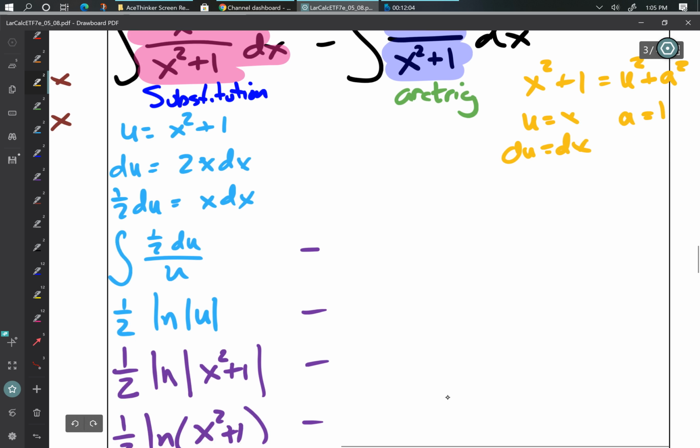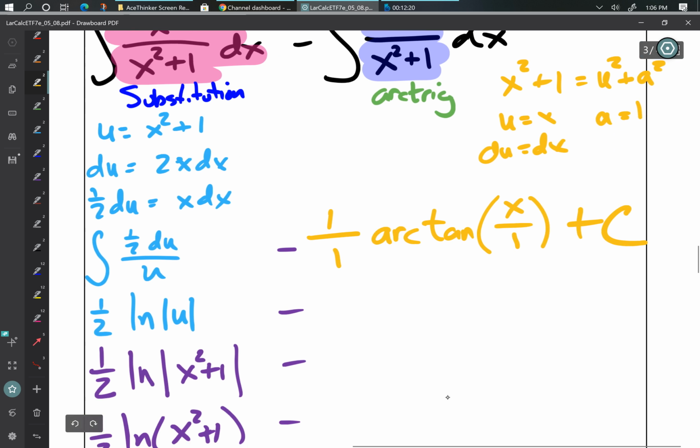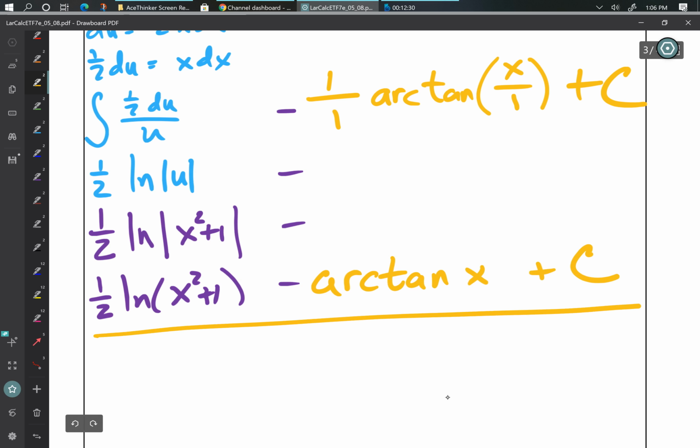And so then this piece over here becomes 1 over a arctangent u over a. And then, of course, we're going to put in the plus c over here because there's always a plus c. Cleaning that up a little bit, and skipping a few steps, I'm going to go straight down to here and say that this is arctangent x plus a constant c. And then this is our final answer.